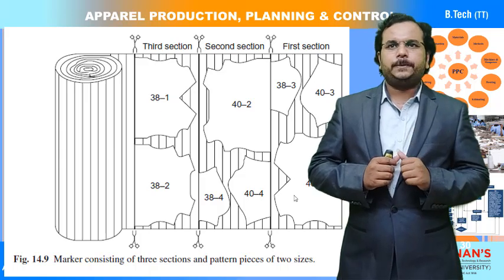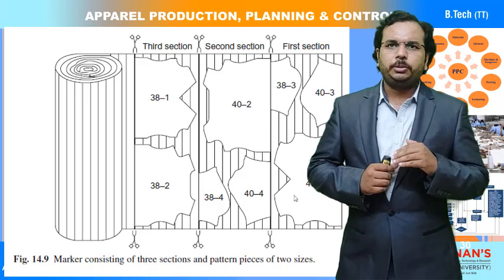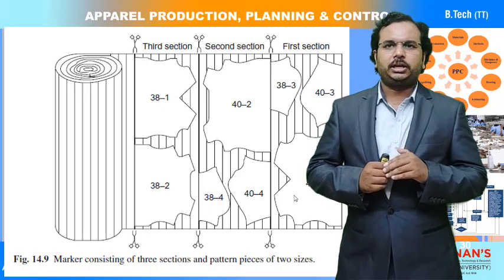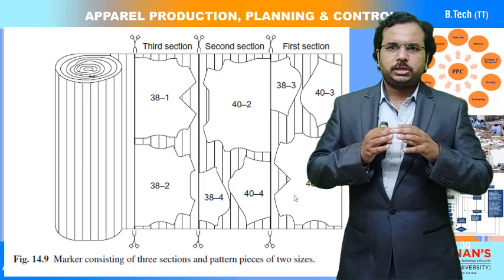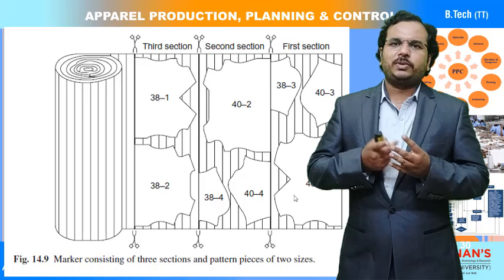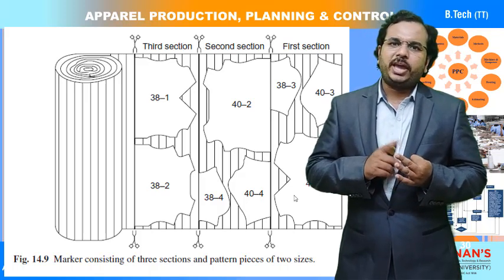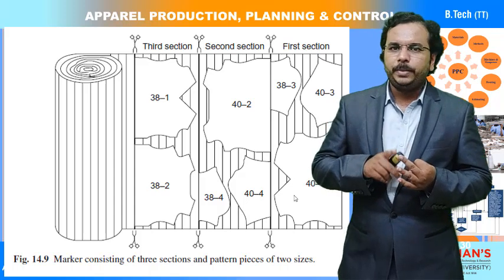If you observe, the panels of each and every size are kept in such a manner that all these components are matched with the grain lines as well as the pattern in the fabric, and the wastage is very minimum.